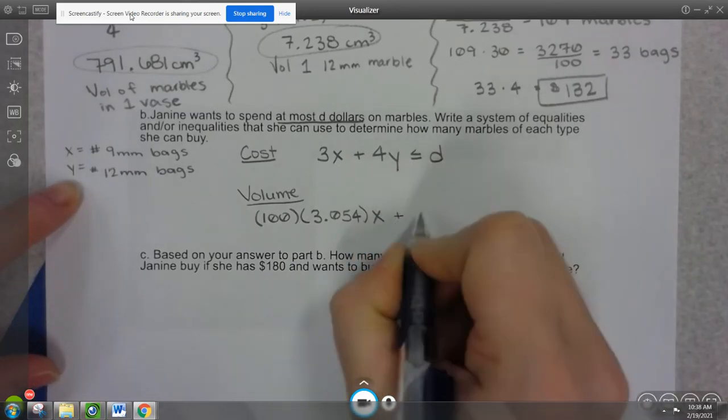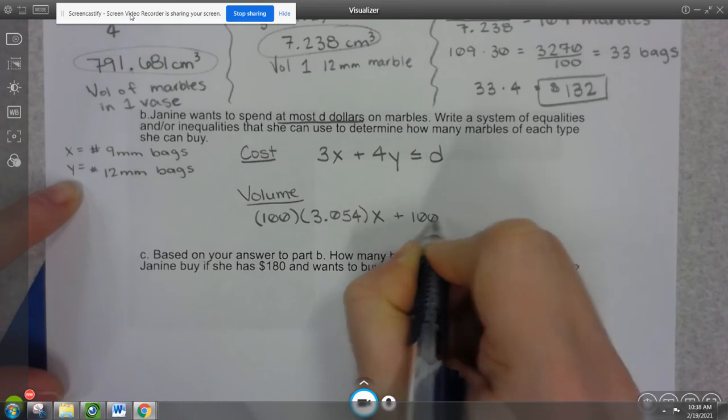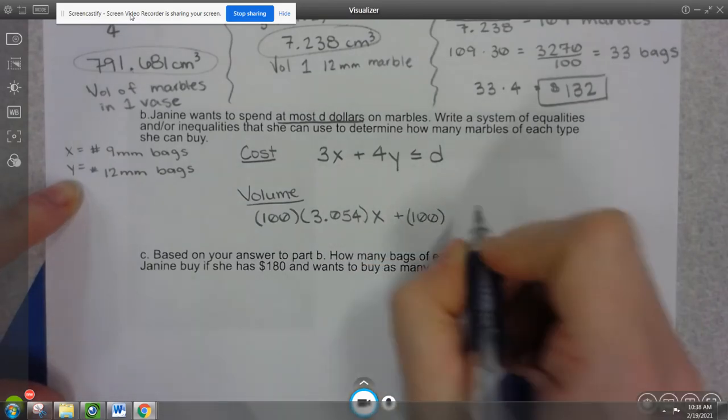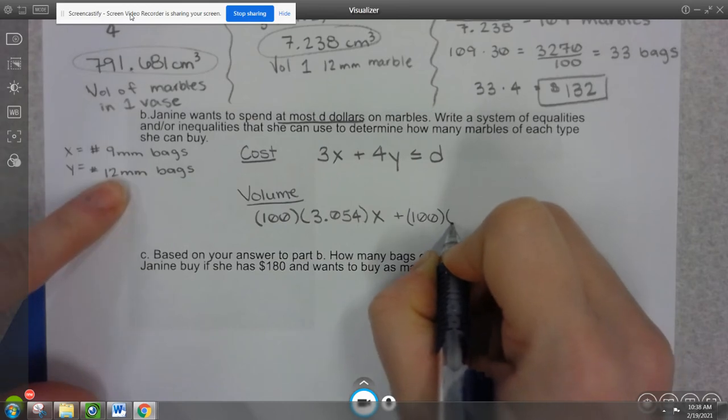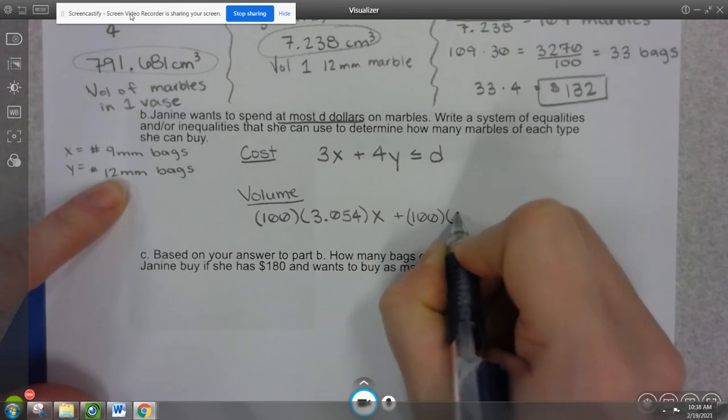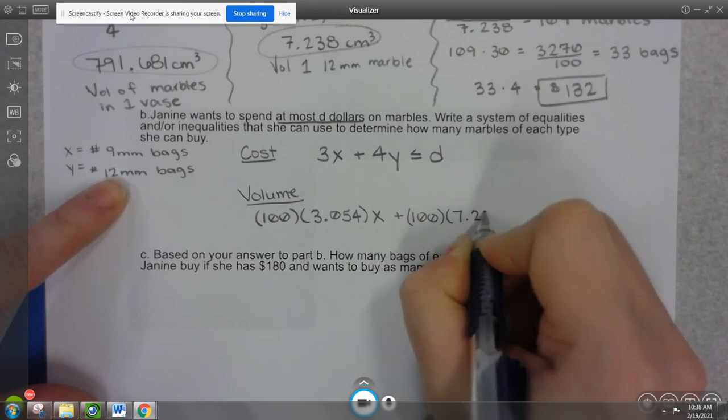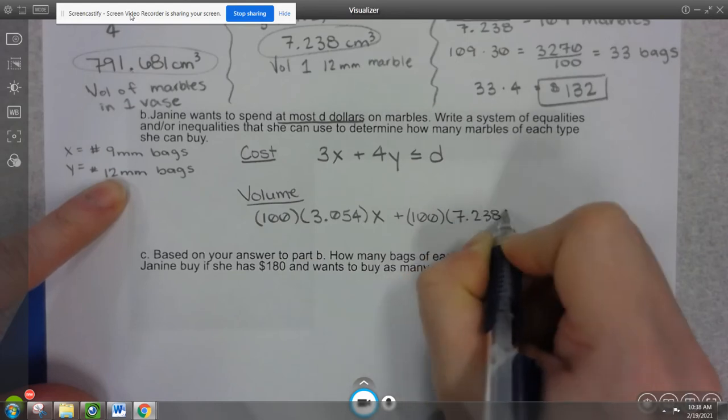So I'm going to have 100 marbles in each bag. I'm going to multiply that by the volume of one of my large marbles, which is 7.238.